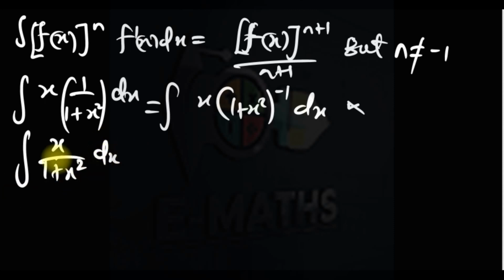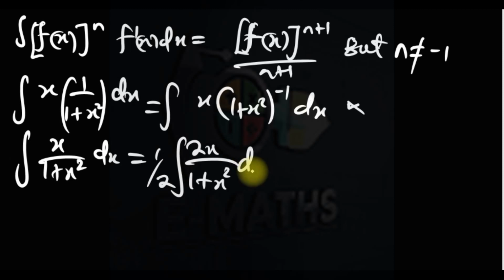And if I differentiate the denominator, I've done this before in my previous video, that if you differentiate the denominator and get the numerator, the answer is ln of the denominator. If I differentiate 1 plus x squared, I'll get 2x. So the numerator will be 2x, and the answer is now ln of this denominator. So I'm saying that we can write this as, if I put 2x over 1 plus x squared, I'll counter it with a half.